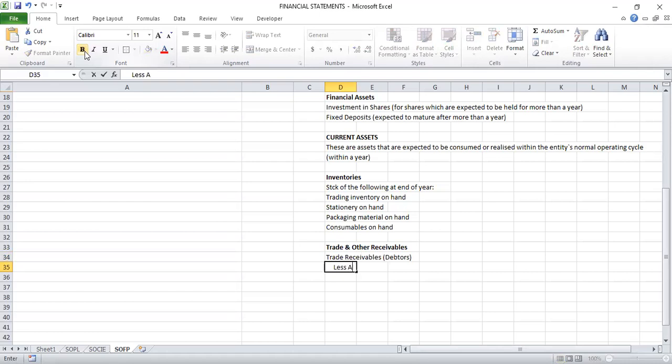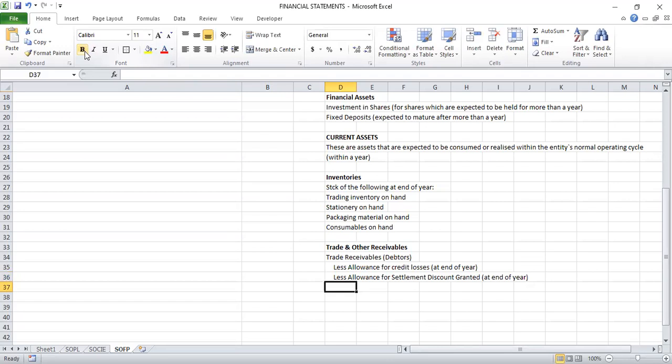Less allowance for credit losses at end of year. Less allowance for settlement discount granted. This is usually very rare. Usually we don't face this in our assessments, but if it's there, you know that you're supposed to deduct it.